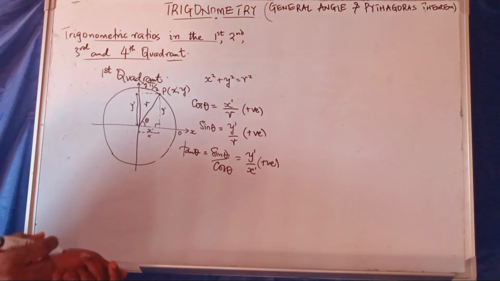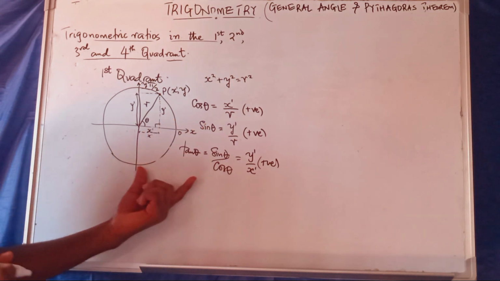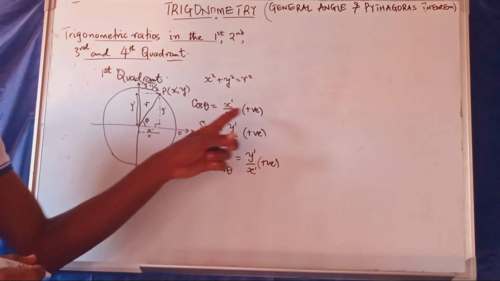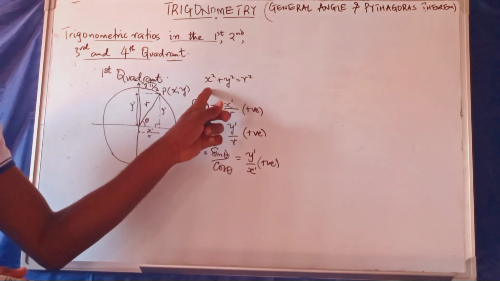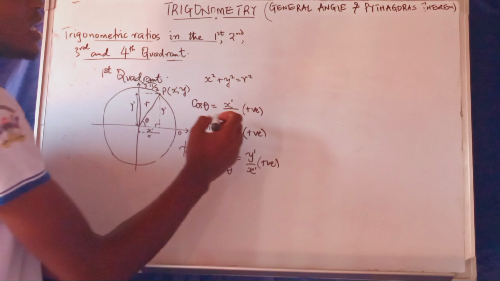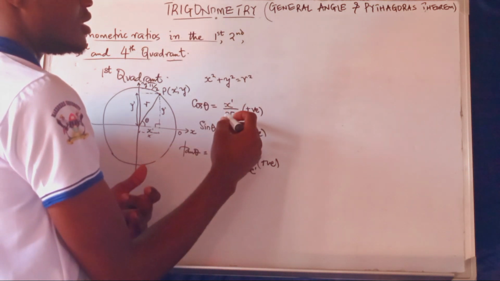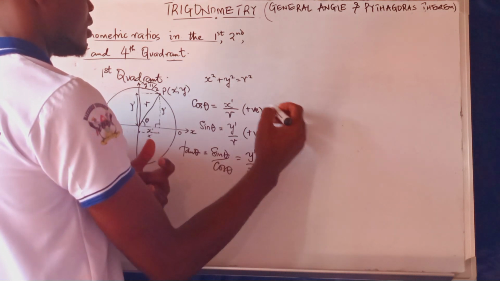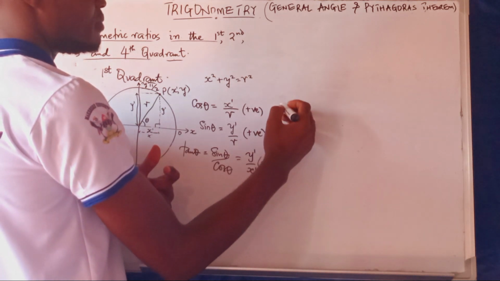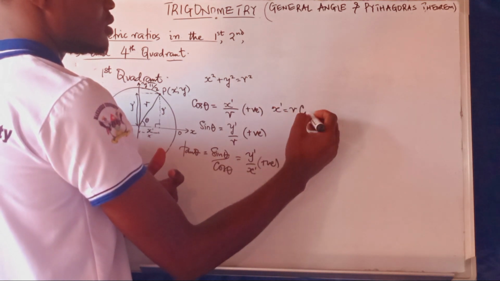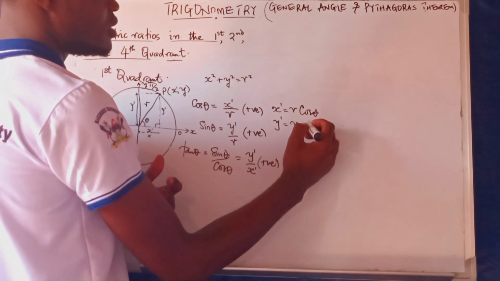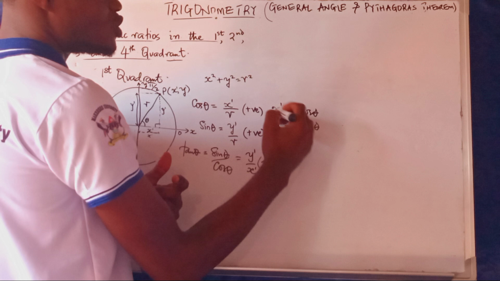Another thing I want to emphasize here: the points that we are picking on the circle must satisfy this equation. How? If I make x prime the subject, x prime is equal to r cos theta and y prime is equal to r sine theta. Square this and add.